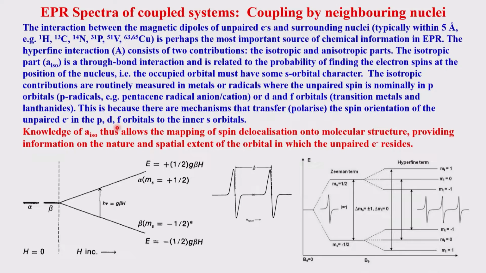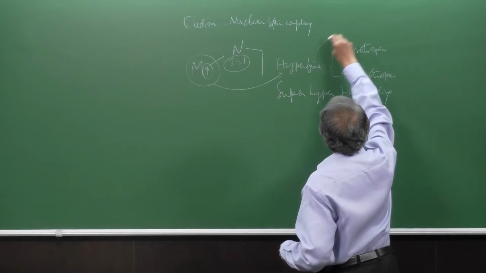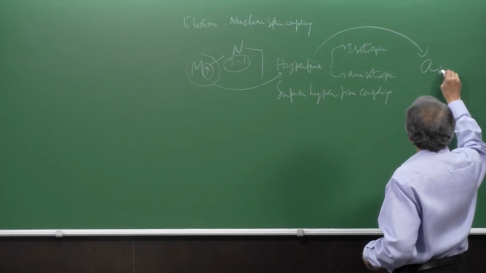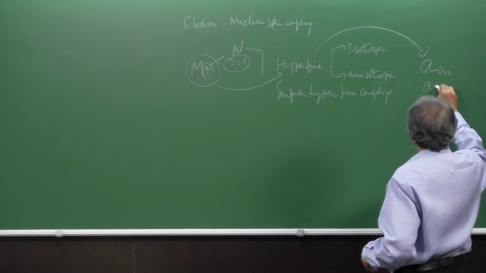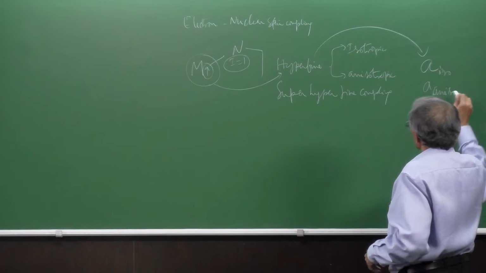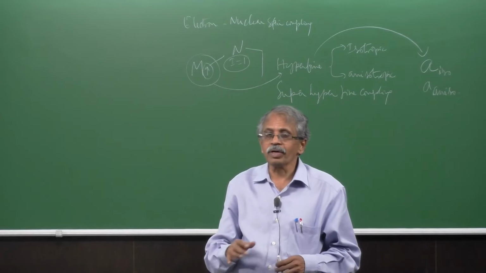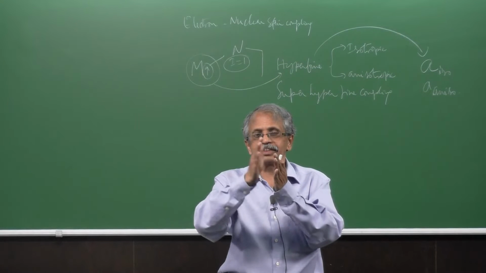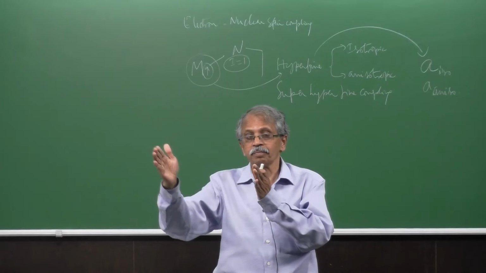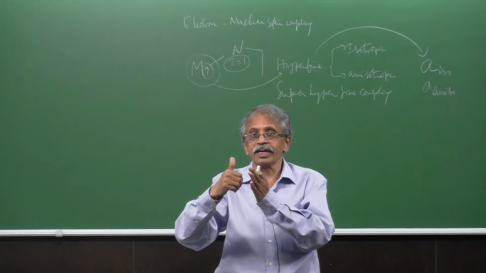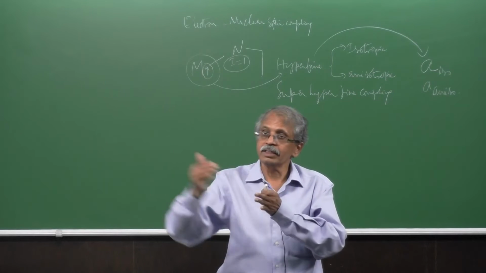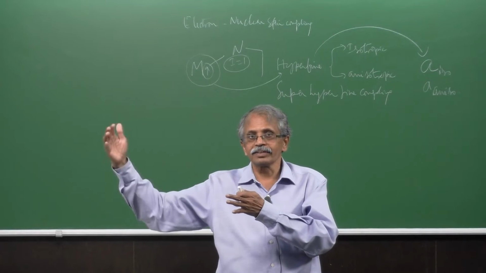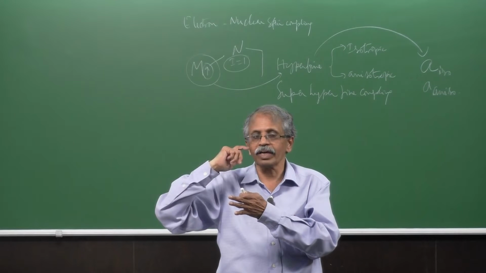So this hyperfine coupling is shown as the A value. If it is A, then A iso, A aniso. Okay. I hope you got the point that this unpaired electron density is felt at the nucleus of the atom that is associated with it, either directly or as a neighbor, like a ligand. For example, a metal and the ligand is nitrogen, nitrogen I value is 1.